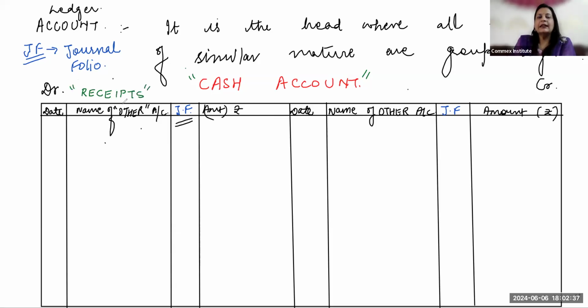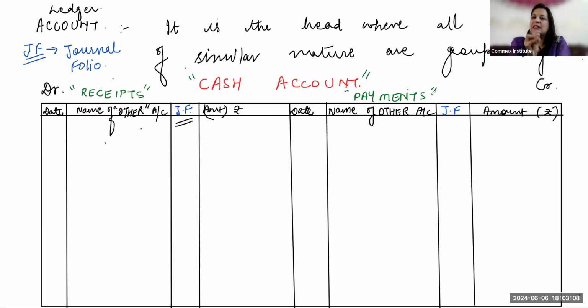On the left-hand side, or the debit side, we put all the receipts of cash. Whenever we receive cash, we put it on the debit side. For whatever transaction we are receiving cash, we keep putting it on the debit side. Whenever we make a payment of cash, we put it on the credit side.